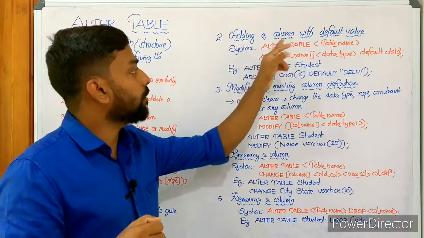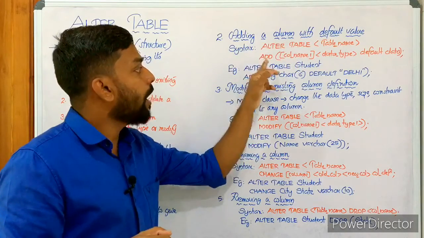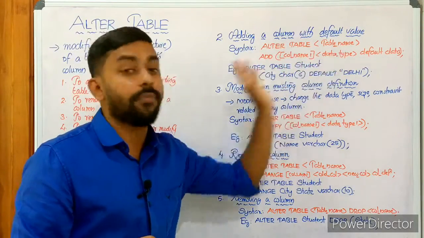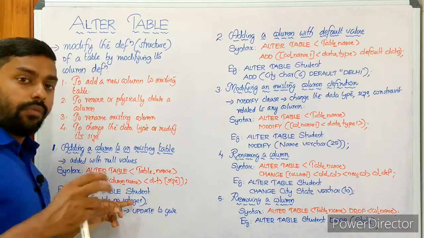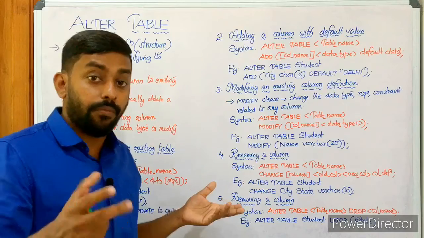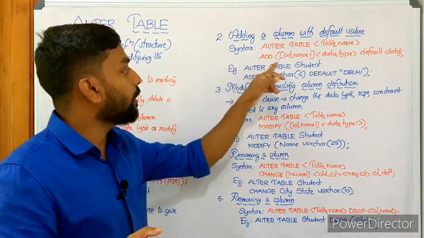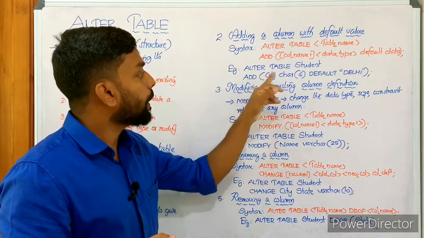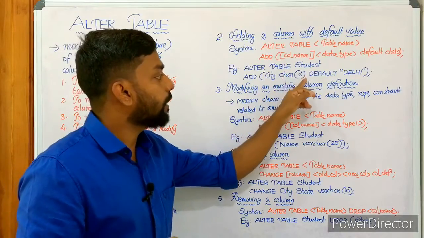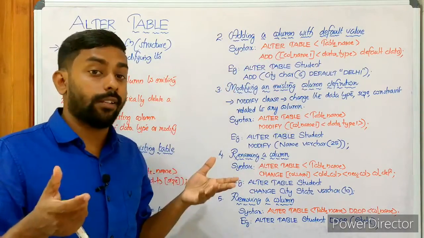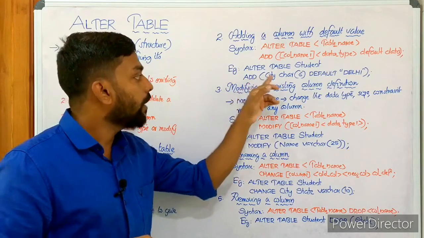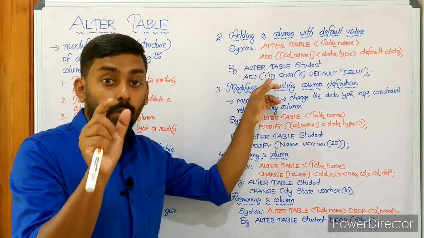The ALTER syntax is: ALTER TABLE table name ADD column name data type DEFAULT data. Very simple, just after the data type we can have the default data. For example, ALTER TABLE student ADD city CHAR(6) DEFAULT 'Delhi'. What is it? We are altering the table student by adding city, a new column.